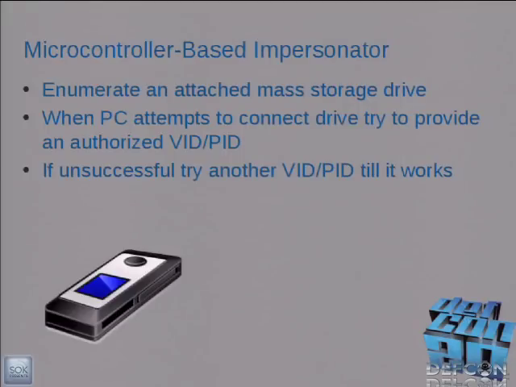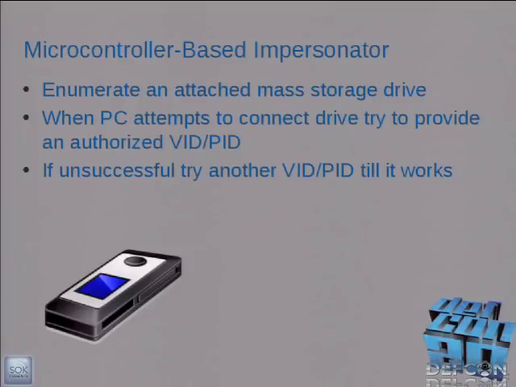All right, so how does this microcontroller-based impersonator work anyway? It allows you to insert your flash drive, and it enumerates it. Then when you plug this device into the PC, it says, oh, I see there's a new device, let me enumerate it, and it tries to get an authorized VID-PID combination.